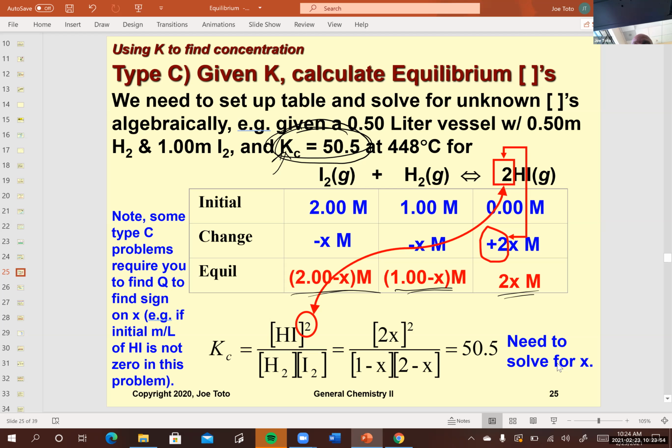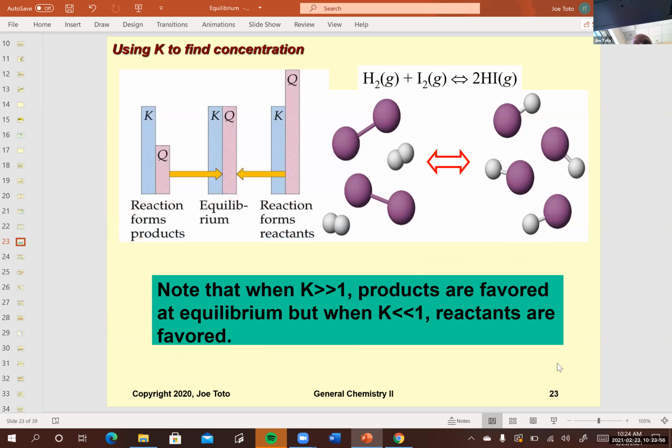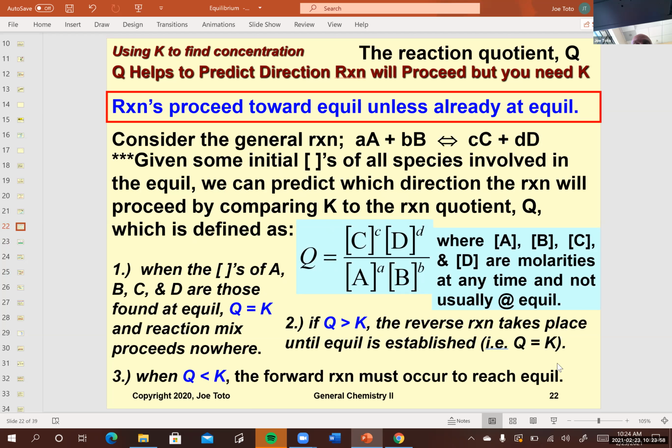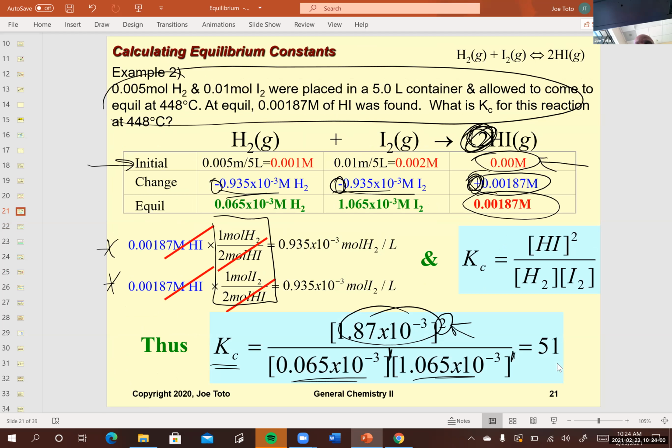All right, let's go back here. I'm going to introduce the Q concept now. But before I do that, I want to ask a question. What if you have a situation in an equilibrium problem where they give you a mixture of all the reactants and products?